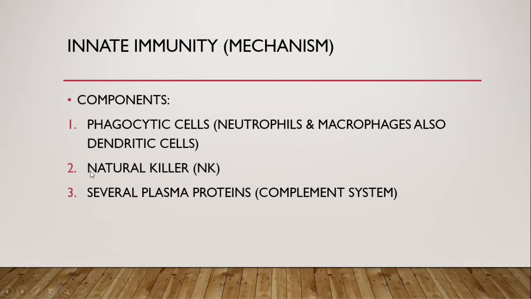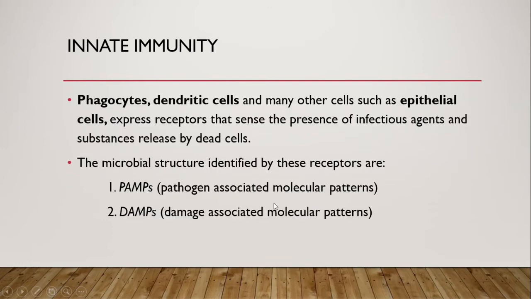Several plasma proteins, such as activation of complement system. In innate immunity, phagocytes and dendritic cells and many other cells such as epithelial cells express receptors that sense the presence of infectious agents and substances released by the dead cells.